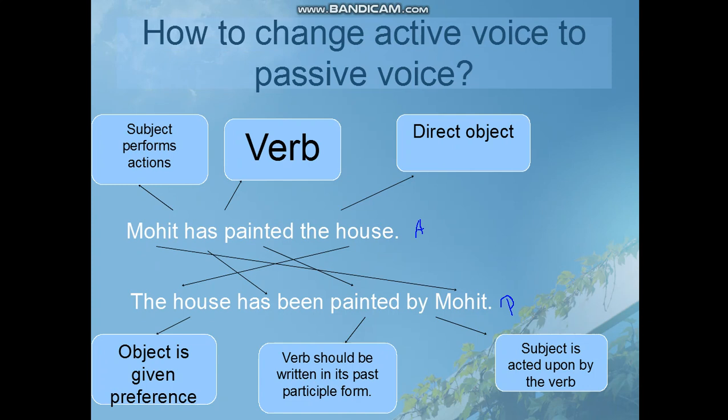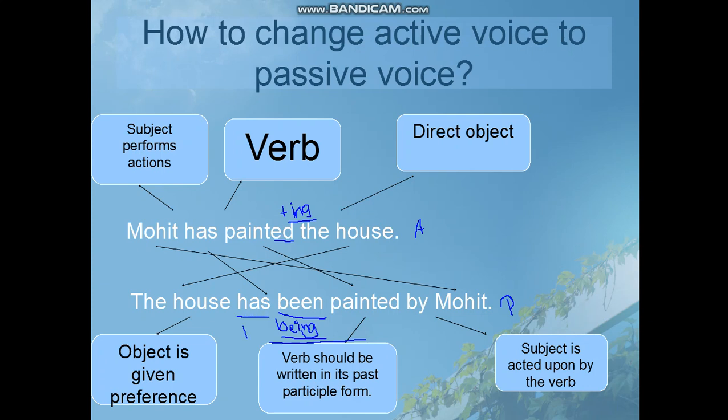But if instead of painted it were painting, then we would not write been, we would write being, because the action was going on at that time. So has painted will become has been painted, but when it is ing, it will become is being painted.